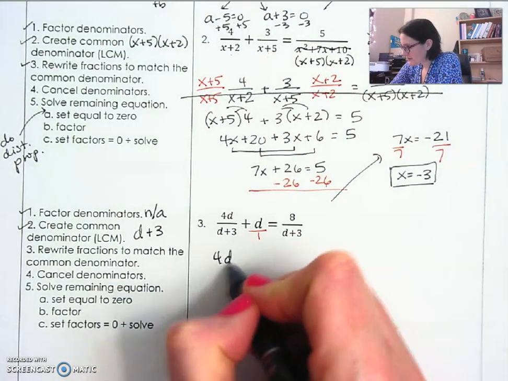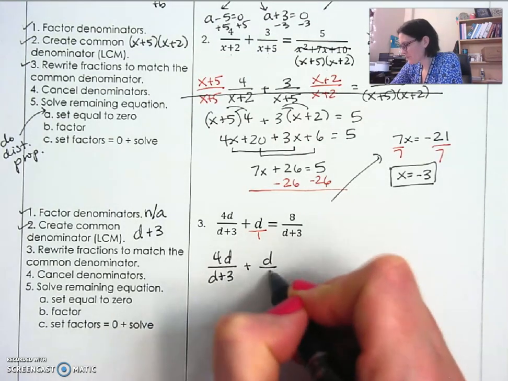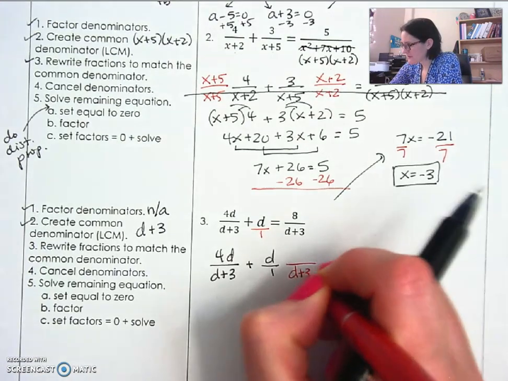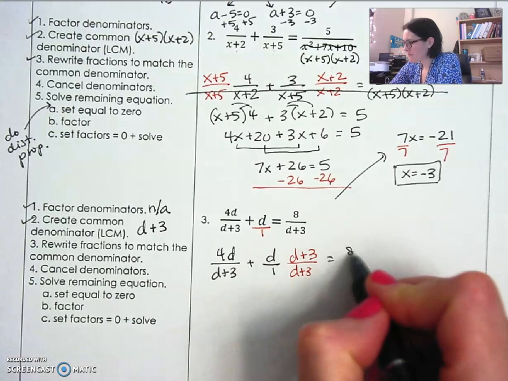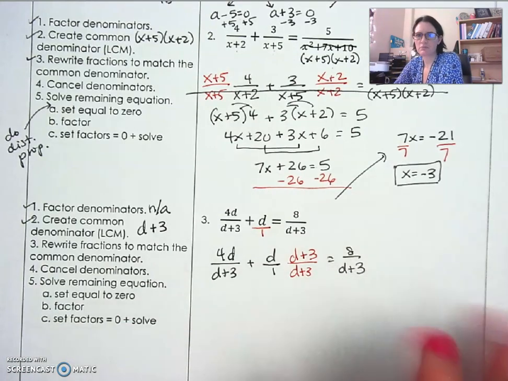Now, I don't need to change this first fraction. It's good. But for the d over 1, I'm just going to multiply by d plus 3, top and bottom. And I don't have to change this last one at all.